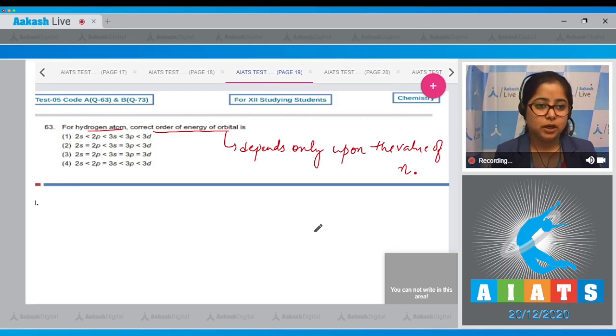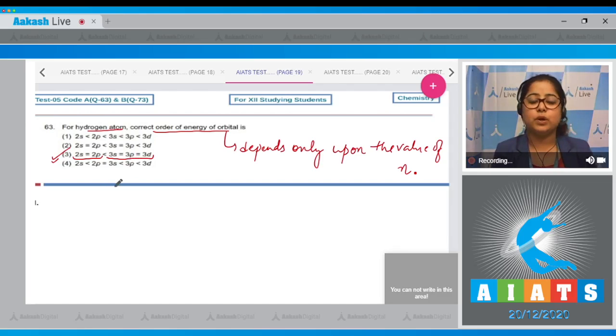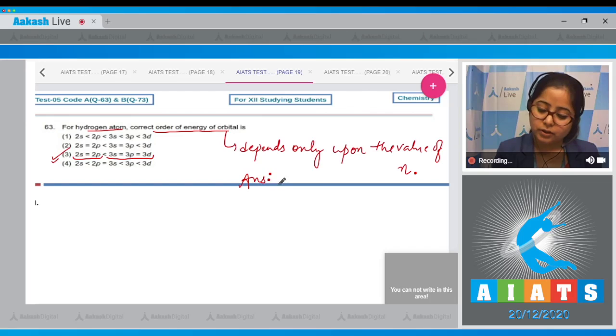That means the correct order is represented in option number 3. The energy of 2s and 2p is same because the value of principal quantum number is same, that is 2. Here the energy of 3s, 3p and 3d is same because the principal quantum number value, that is n, has the same value. So the correct answer is option number 3.